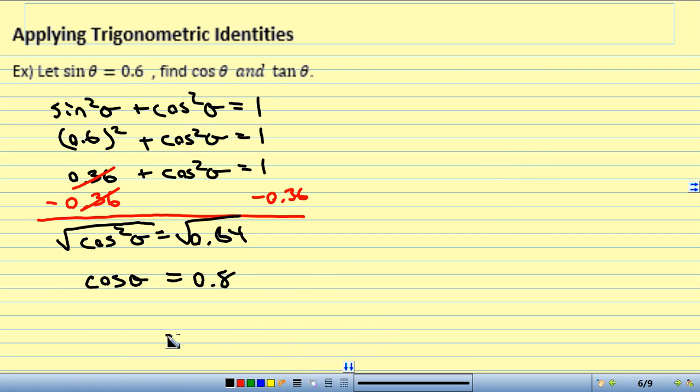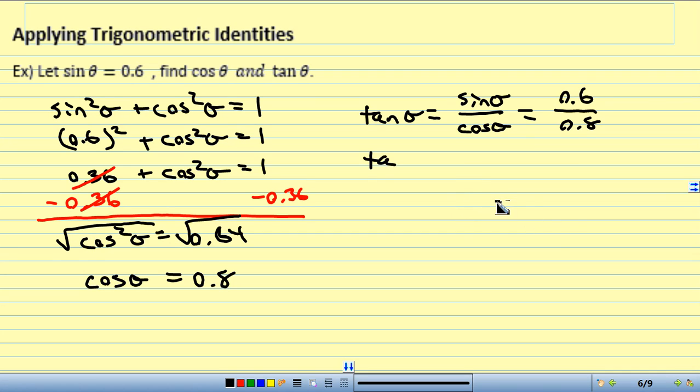If I want to find tangent, now that I found cosine, I can say tangent theta equals sine theta over cosine theta. And now I just do 0.6 over 0.8. That means tangent of theta is equal to 3/4. Yay, done.